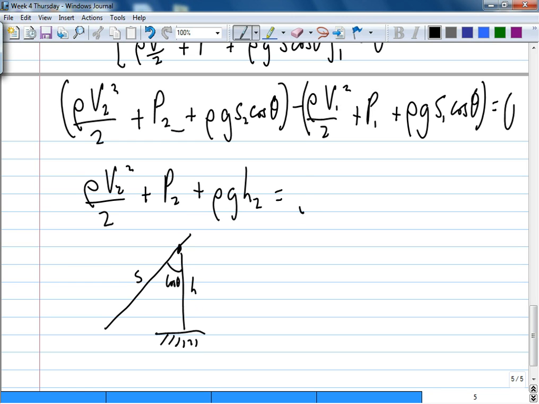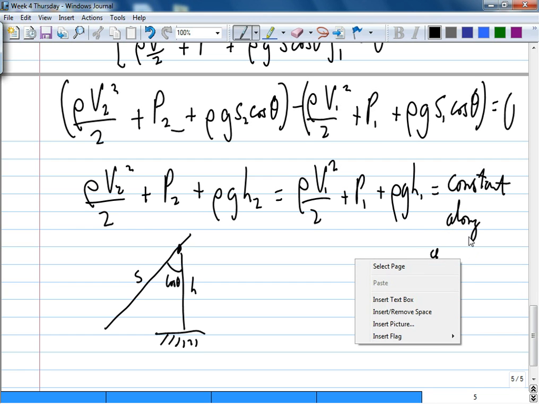So rho v1 squared on 2 plus p1 plus rho g h1 equals a constant along a streamline.